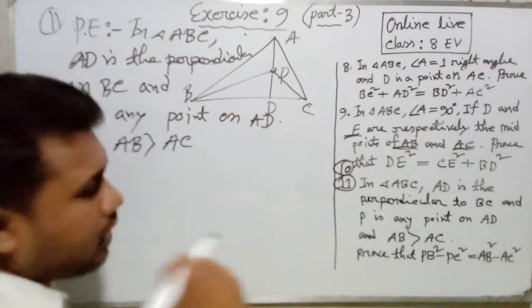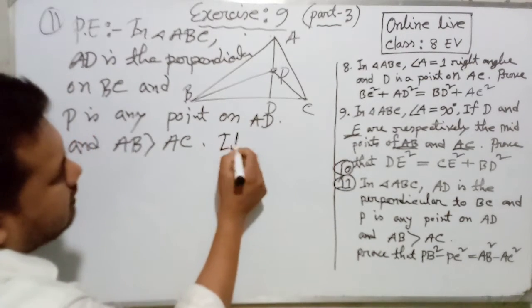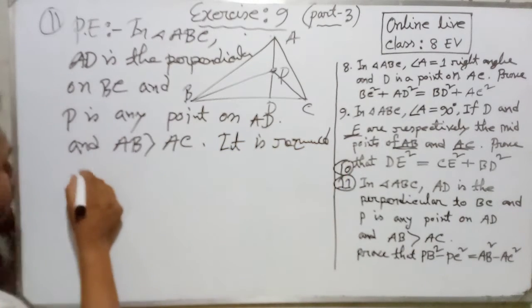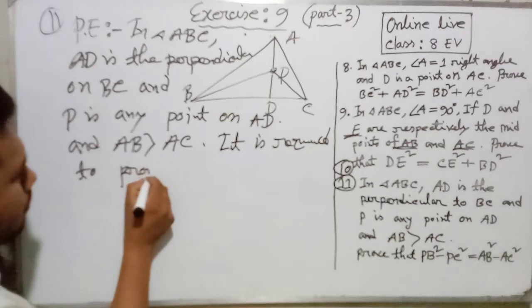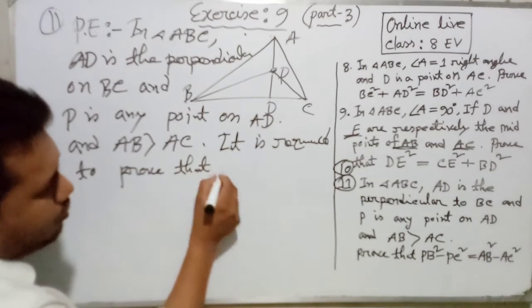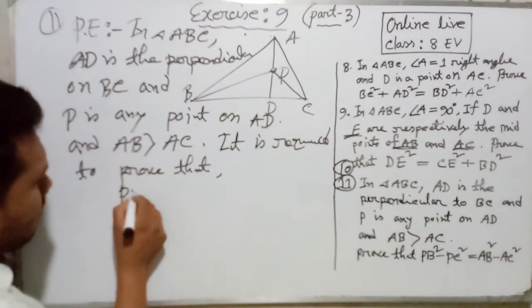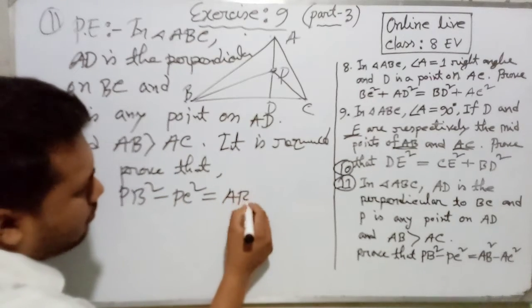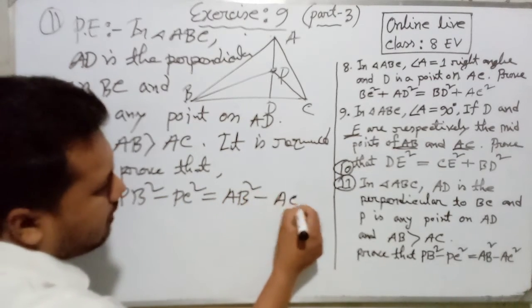So now we have to prove this. Now it is required to prove which one? We can write PB square minus PC square equal AB square minus AC square.